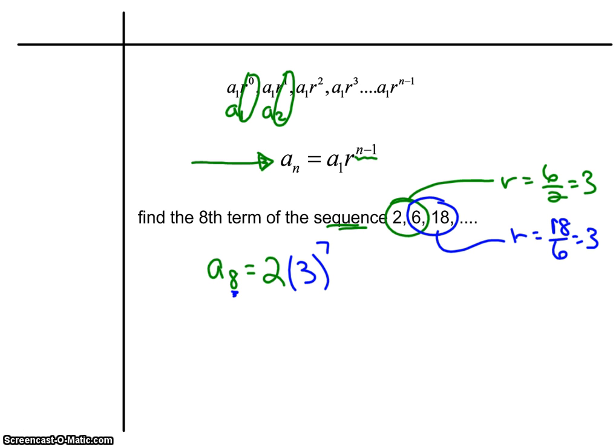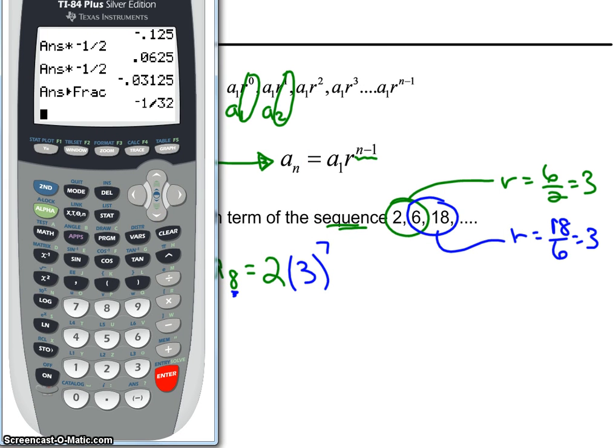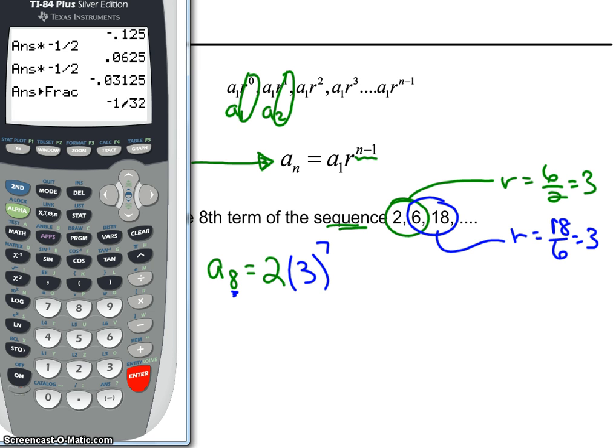So here's n again is 8, so to the 7. Now, also remember, because we're dealing with exponential situations, they get really big really fast and really small really fast. So don't be surprised when you get some large numbers, and don't be surprised if we get really small numbers. If we have scientific notation in terms of some of our answers, that's fine.